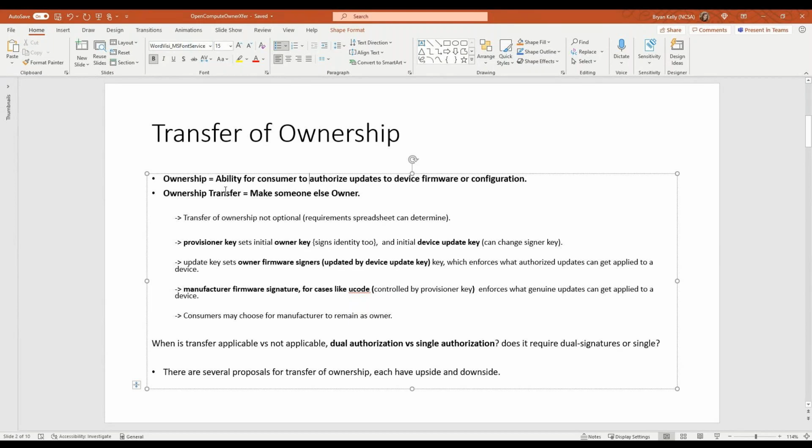The second is that there are potentially some configuration settings that only the owner should do, and the only one I can think of at the moment is ownership itself. And the third one is an ability to onboard a device or be able to prove to others that the device has gone through some sort of acceptance into that data center.